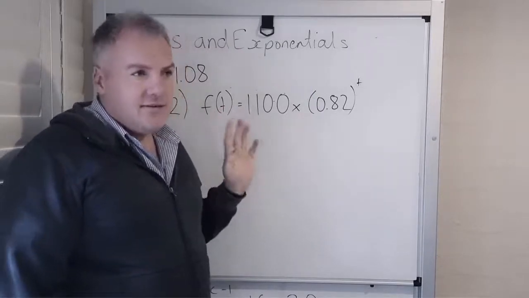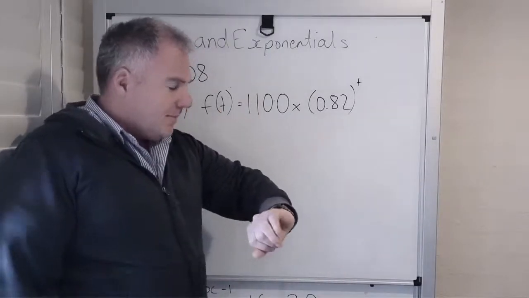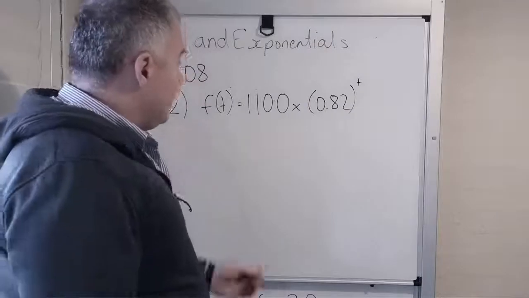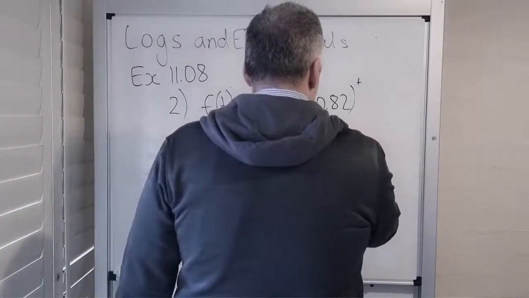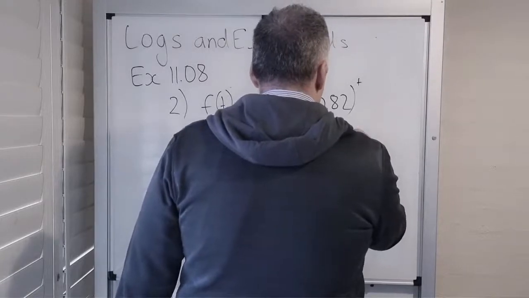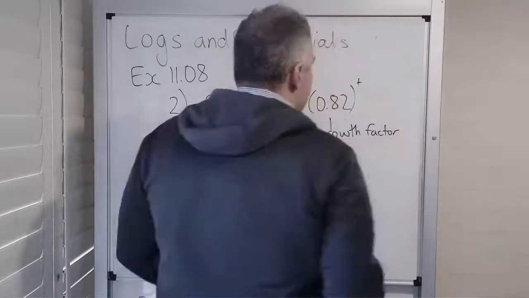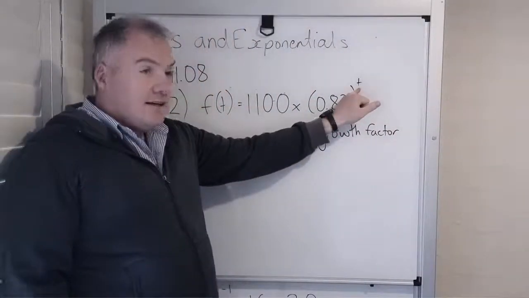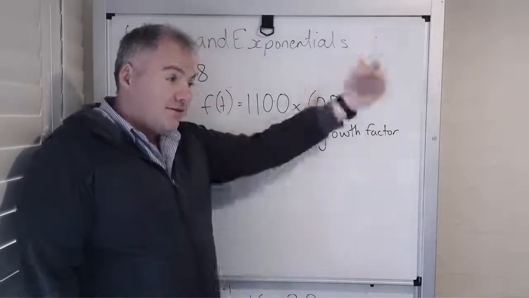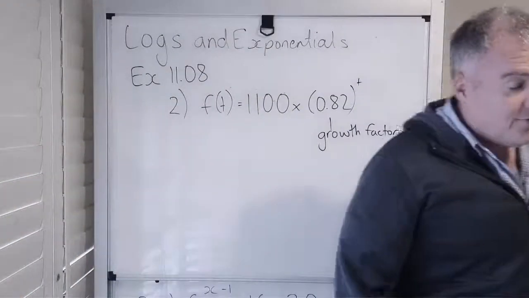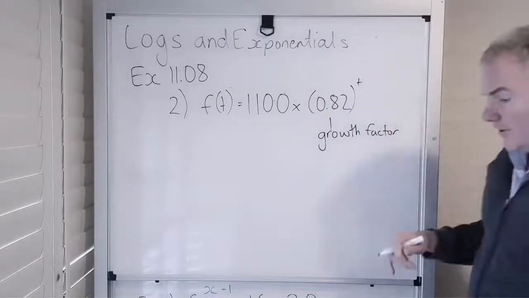Okay, now this is your classic model using an exponential equation. And the key to understanding this is that this is your growth factor. Because as you add 1 to t, this is the number that times in by itself, and by itself, and by itself, over and over again. It's this one, because it's to the power of t.